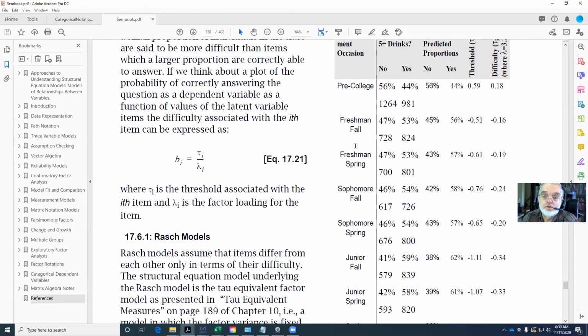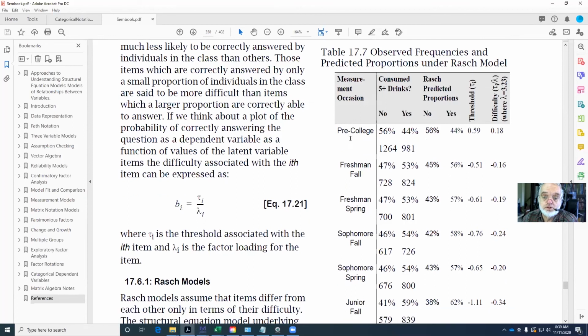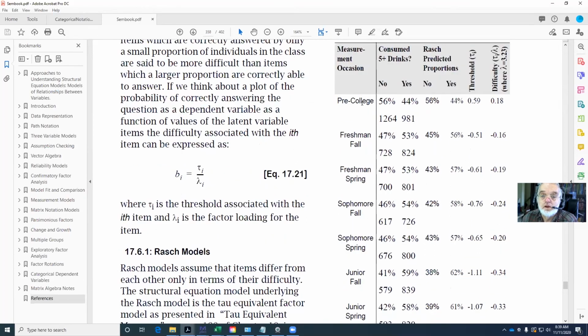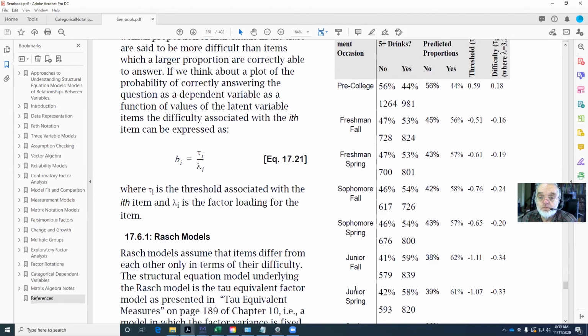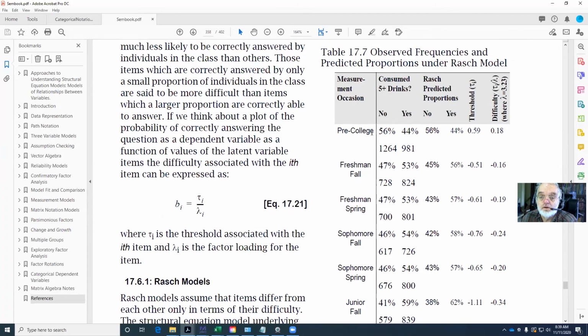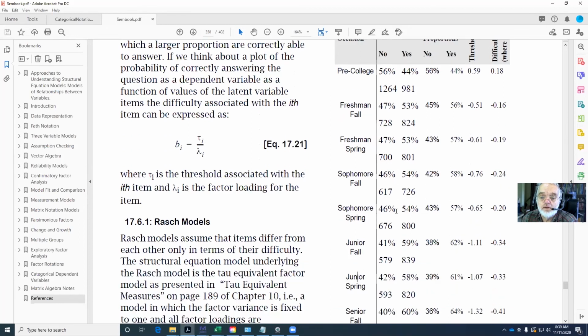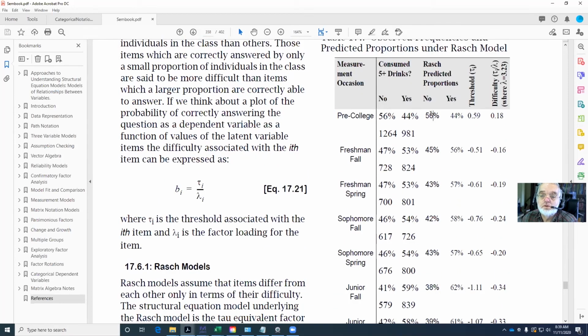What I had done here is take a little longitudinal data example. I took a data set where I had an assessment before people went to college and then across 8 semesters of college. And I asked, did they or did they not drink 5 or more drinks in a sitting? The data here is a little bit different than that first one I showed you. I fit a Rasch model to that.